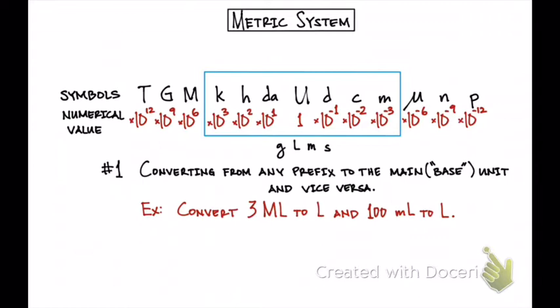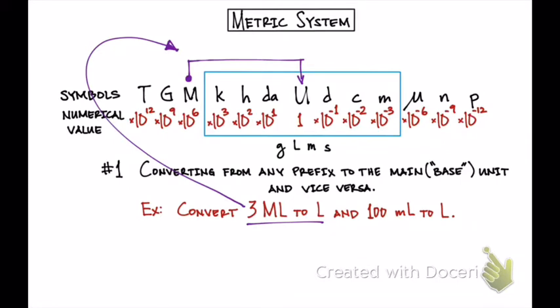So the first thing that you want to do here is to look at the location of the prefix mega. Where is mega in this metric system? All right, and so mega is right here on the left outside of this blue box here. And we're moving from mega to the main unit, liter, right? From megaliter to liter.